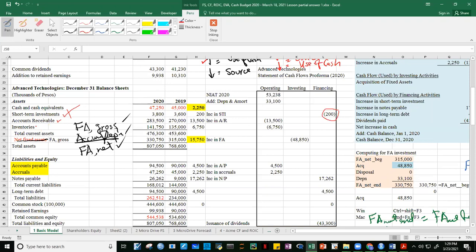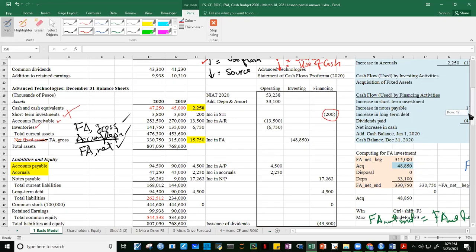Yes, this is included. So our current assets here are only four. What is included are cash and cash equivalents, accounts receivable, and inventories. Short-term investments will not form part of your operating current assets.